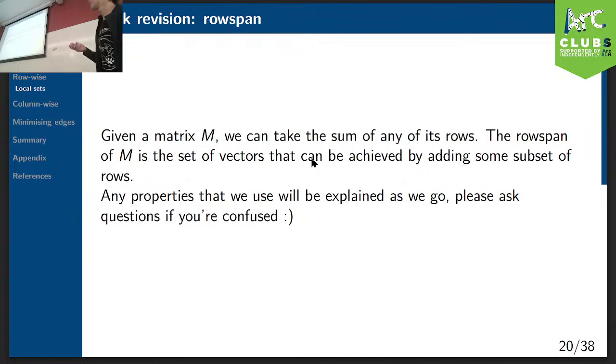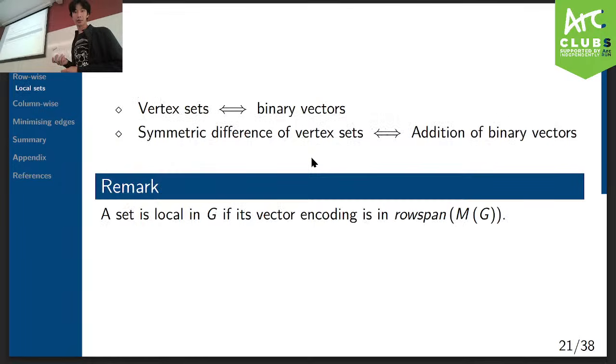The row span of a matrix is the set of vectors you can get by adding some combinations of rows together. So the vector of all zeros is a potential vector you can get by adding none of the rows together. Or if you take single rows, those are also in the row span. We introduced this concept because, as I hinted at earlier, sets of vertices can correspond to binary vectors with ones and zeros based on whether each vertex is in the set or not.